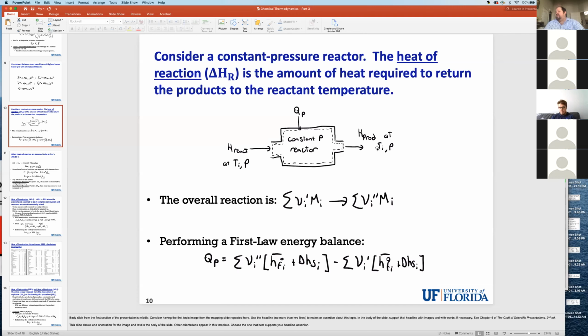So if we instead remove enough heat such that the exit temperature is equal to the inlet temperature, and then find that amount of heat, that's called the heat of reaction. You could consider the heat of reaction to be the amount of chemical energy that is liberated by a chemical reaction.